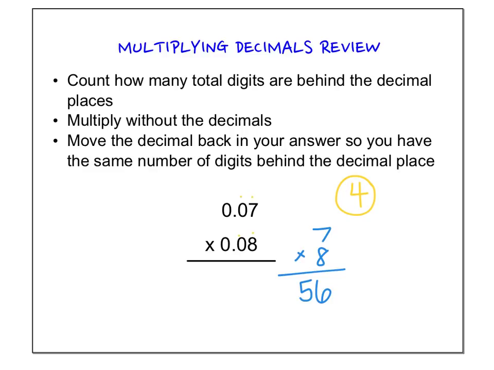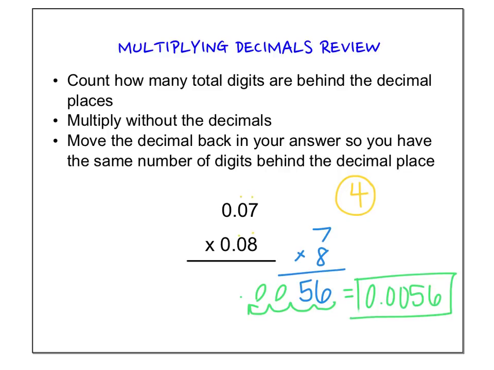So looking at this 56, there is technically where my decimal point would be, I'm going to move it so that I have 4 digits behind the decimal place. So my final answer would be 0.0056 because I still have 4 digits behind the decimal.